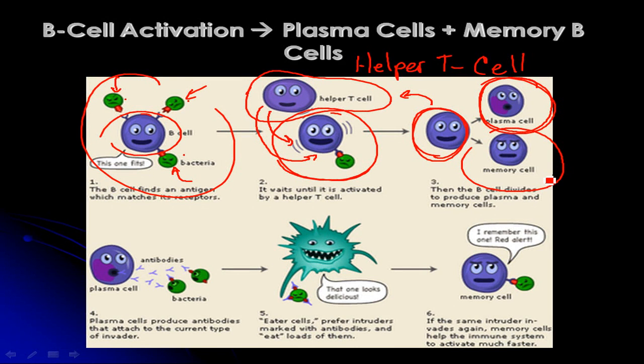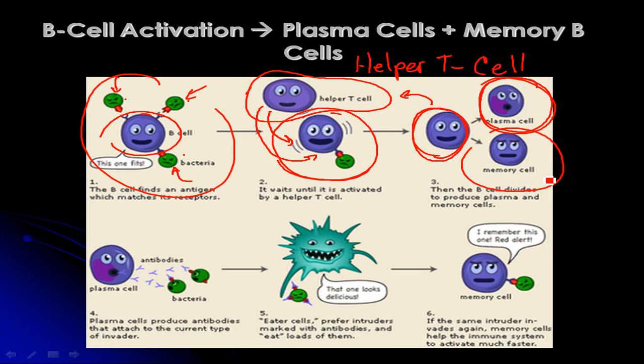The memory cells are the ones that are going to hang around for a long time, even many, many years. And if you ever get exposed to that same organism, that same pathogen again, they'll very rapidly be able to start generating antibodies to try to intercept it.